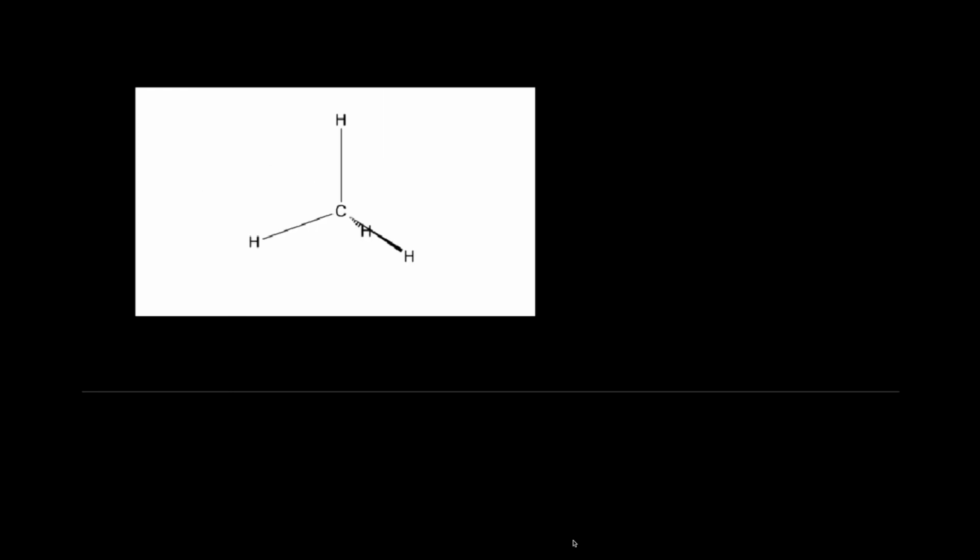Thankfully, the internet provides a good little GIF of this thing rotating. You can see, if we open this up, how this hydrogen comes in and out. This is methane. When it comes out towards you, it has this wedge shape, and when it's away from you, it has this dash shape.